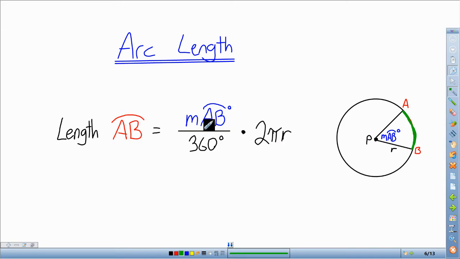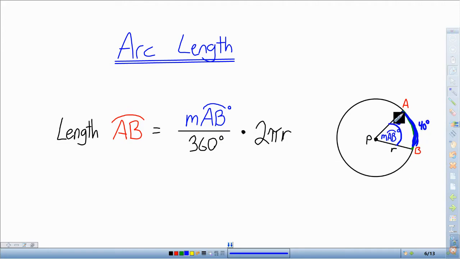Here's one distinction I want you guys to realize. The measure of an arc and the length of an arc are two different things. In previous lessons, we were finding the measure of arcs. If you guys remember, the measure of a central angle was the same as the measure of the arc. So if this was 40 degrees, we could say that our arc was 40 degrees.